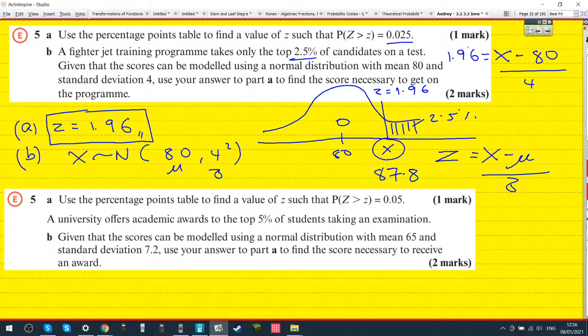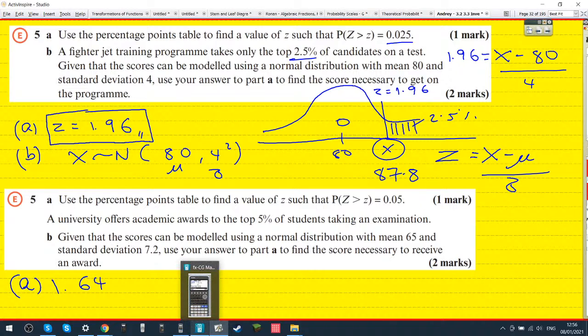So now we go back to inverse normal. Yep. And so that will be, I got 1.64.